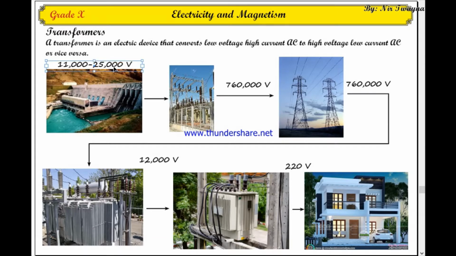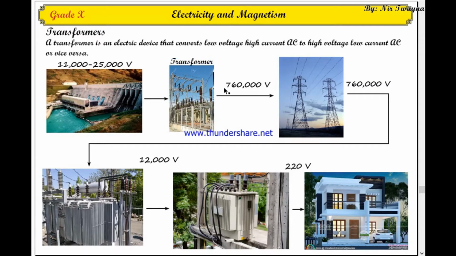So this low voltage high current is converted by this device into high voltage low current. Okay, so according to our definition, this device is a transformer. Understand? This device is a transformer.